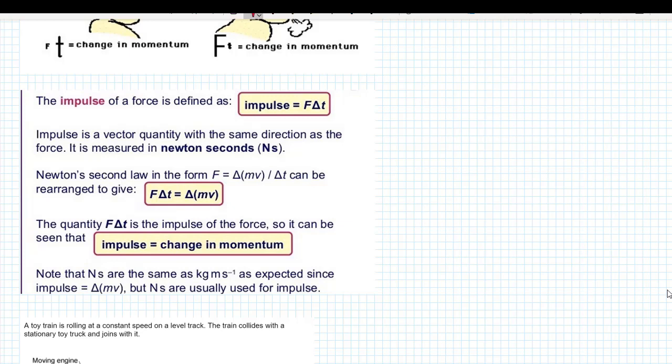As you remember, force is a vector quantity, meaning that force has direction. In impulse equals force times time, time is a scalar quantity, meaning it doesn't have direction, but force is a vector quantity. If force has direction, impulse should have the same direction as the force. Both of them are vector quantities.